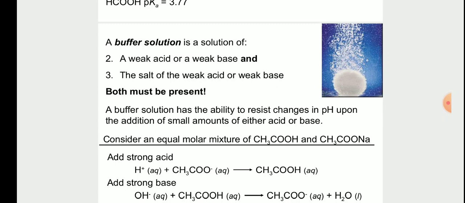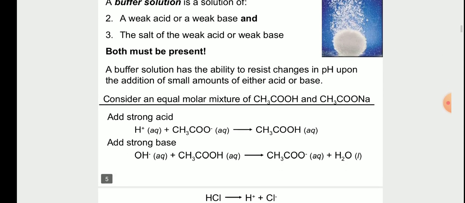So in that case a buffer medium is required. Our blood is basically an example of a buffer solution, because it maintains the pH by phosphate ion.